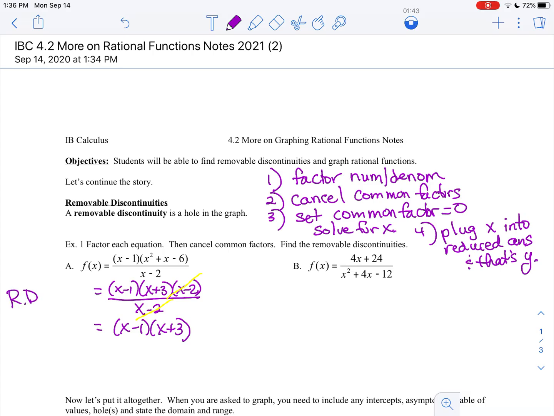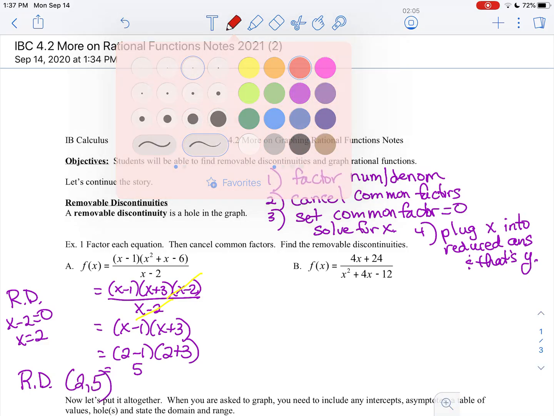So then to find the removable discontinuity, I canceled x minus 2. So you take your canceled factor and set it equal to 0. Then you plug that into the reduced answer. That's 1 times 5 is 5. So the removable discontinuity or hole is 2, 5.